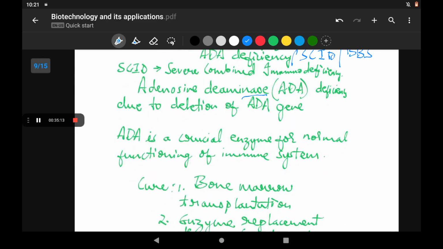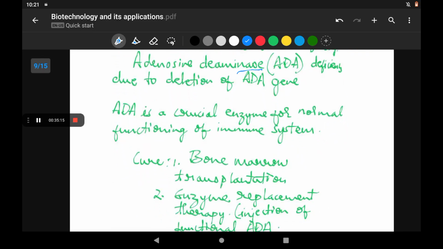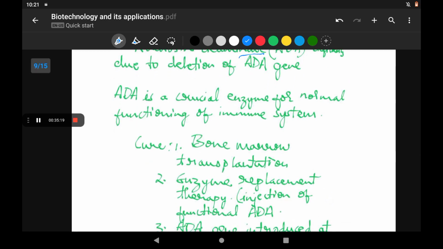The cure for this is bone marrow transplantation or enzyme replacement therapy. Bone marrow transplantation, especially we are talking about red bone marrow. Bone marrow produces the RBC and WBC. See, the major ADA gene is seen in lymphocytes.